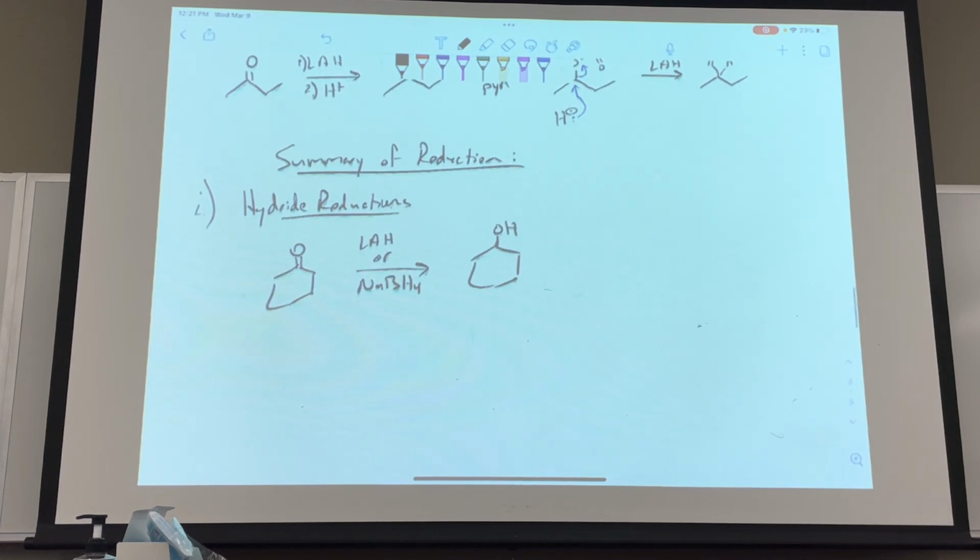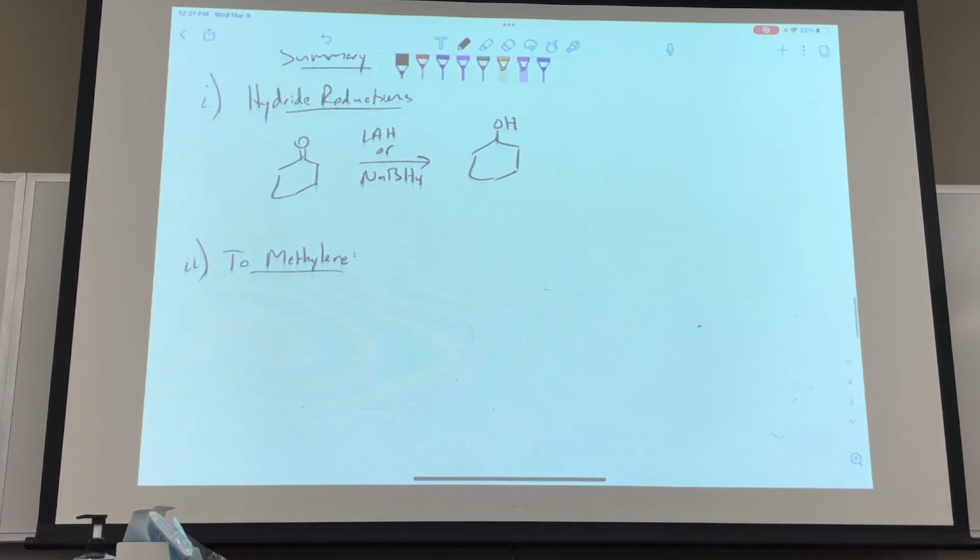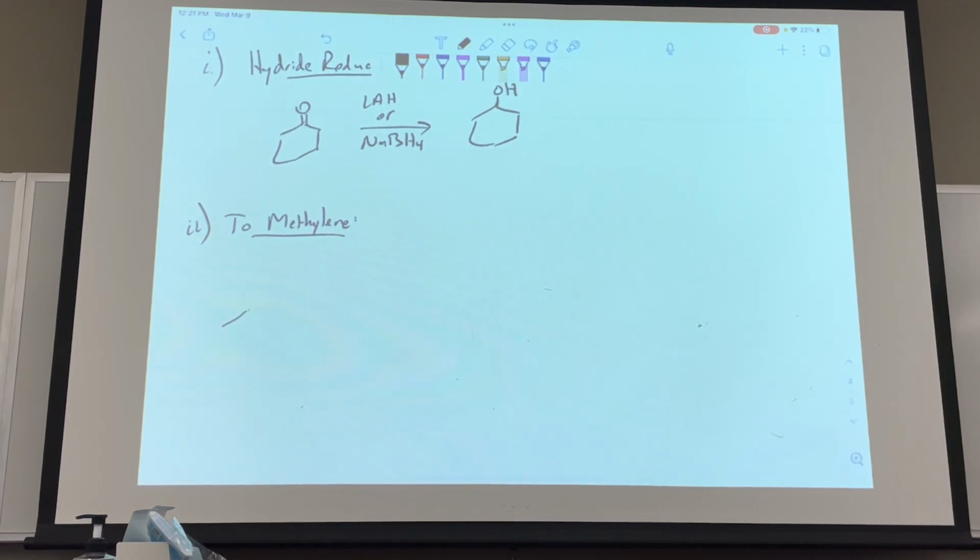Then we have the second style. And these are going to be reduction to the methylene. And we had a handful of ways of doing this.